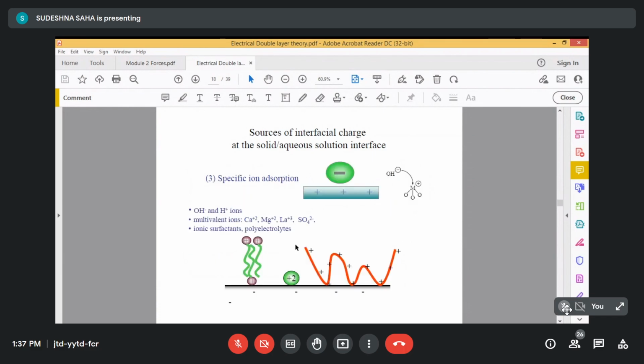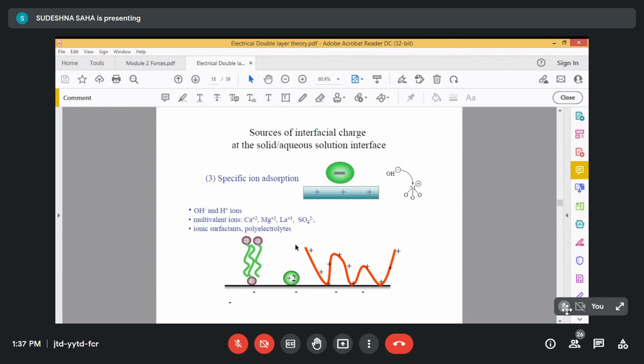Then there could be specific ion adsorption, like hydroxyl or hydronium ions adsorbed on the surface of the particles. And there could be multivalent cations like calcium, magnesium, lanthanum, and so on. Ionic surfactants and polyelectrolytes are where this ion adsorption is mostly used.